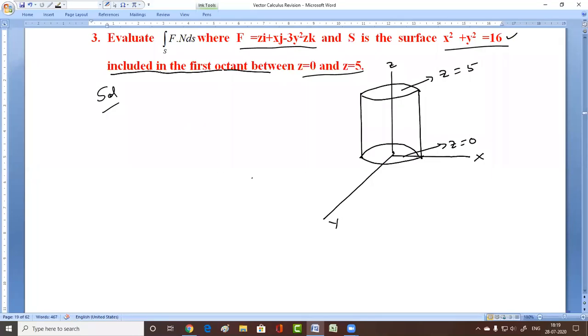Now observe. Between the xy plane, yz plane and zx plane, this is 1/4 of the cylinder.